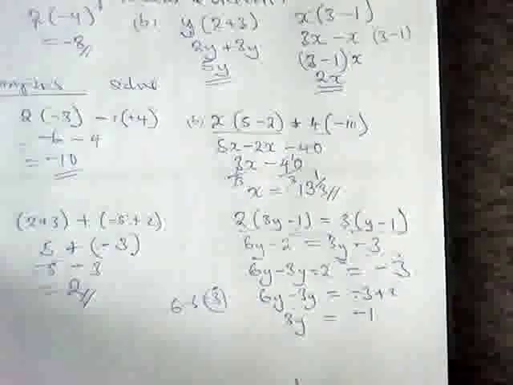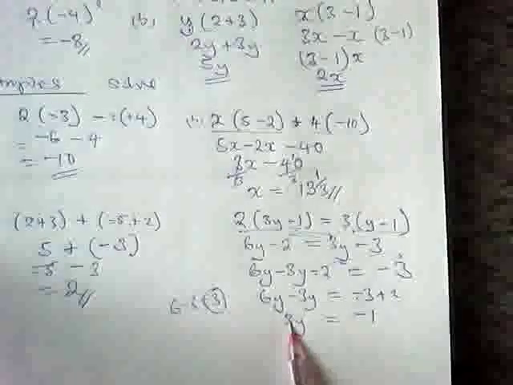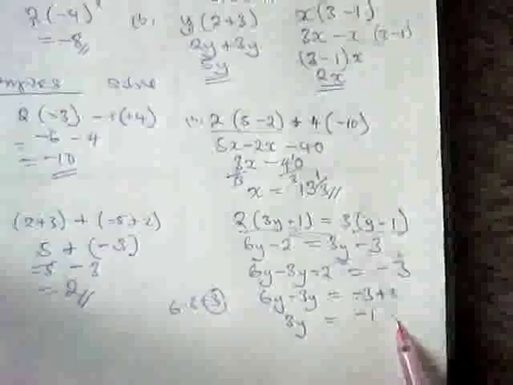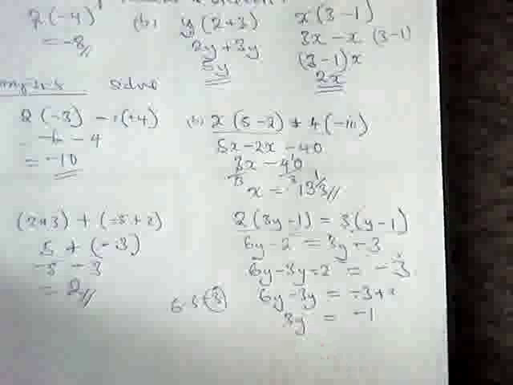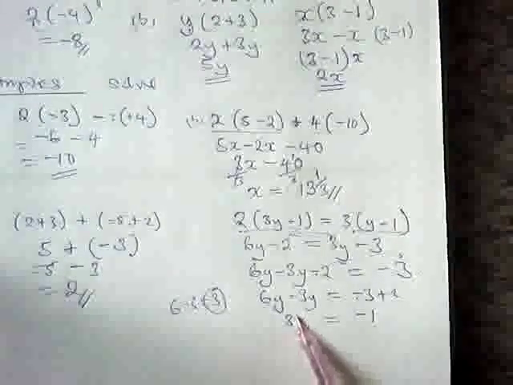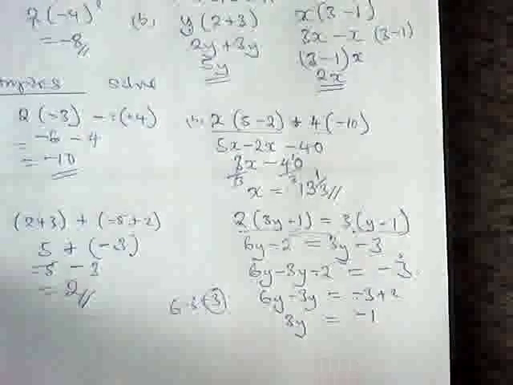This is not the end. This y has to remain alone. These 3 should move away. In this case, you can't lift these 3 to the other side because here there is multiplication. I repeat, you can't lift these 3 to the other side because there is a multiplication.